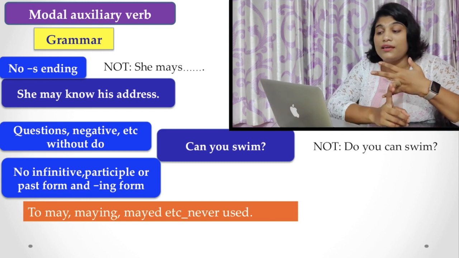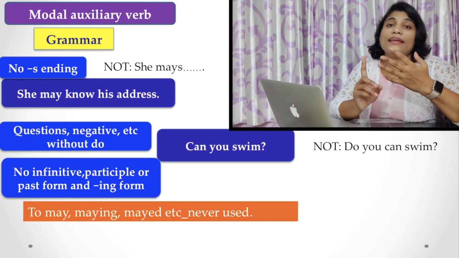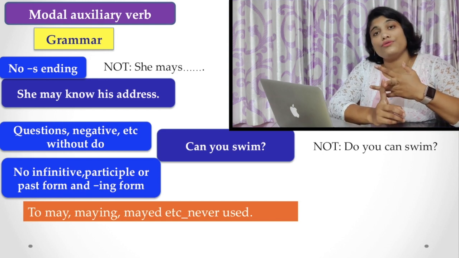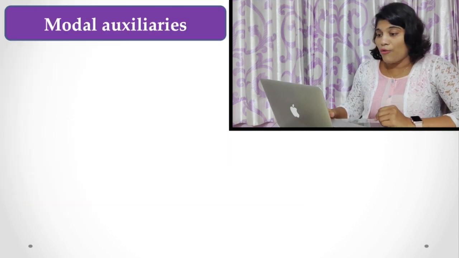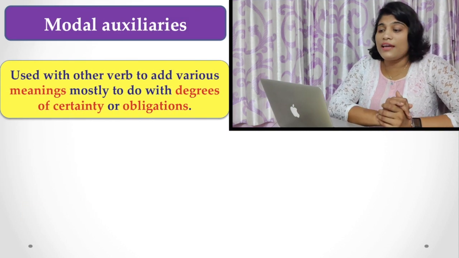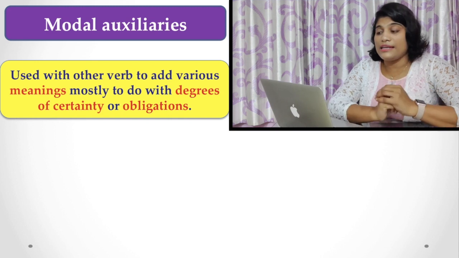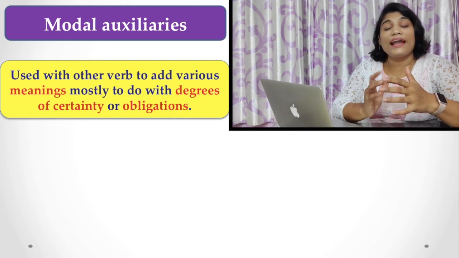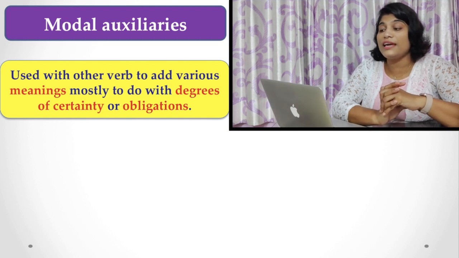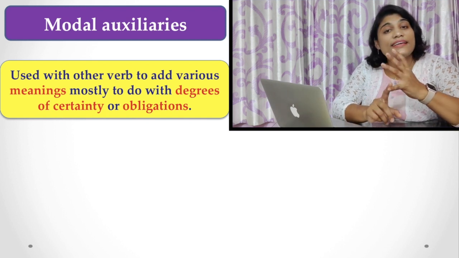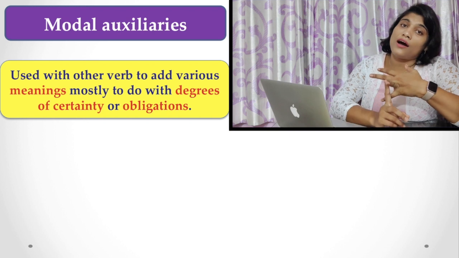They don't have any s ending, and in case of question and negation, we do not need another auxiliary to assist them. Now, modal auxiliaries, as I have told you earlier, add various meanings to the main verb, mostly with degree of certainty and obligation.